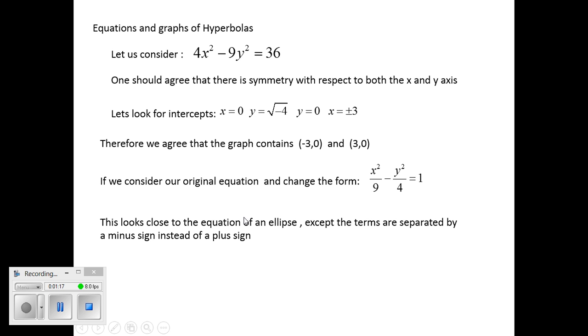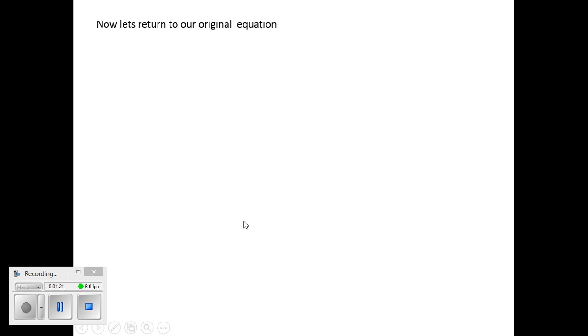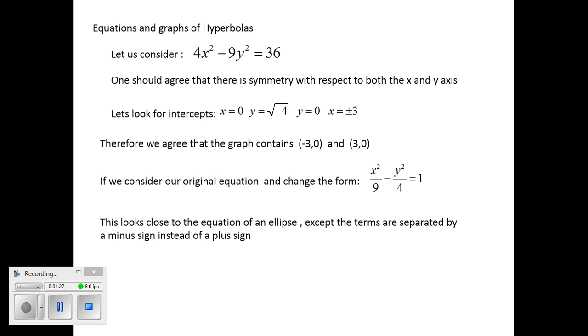Now we look to sketch this in with the asymptote lines. If we go back, we can see that I altered the form quite easily to identify A and B, simply by dividing through by this constant value of 36.